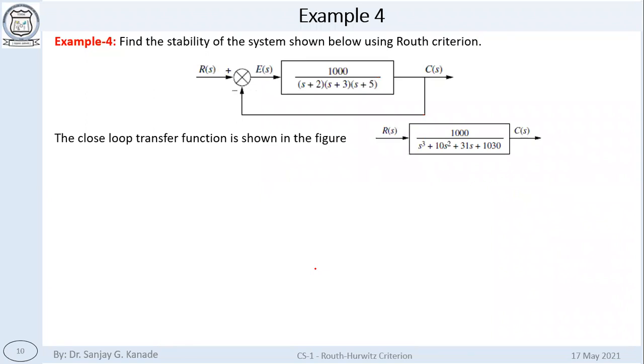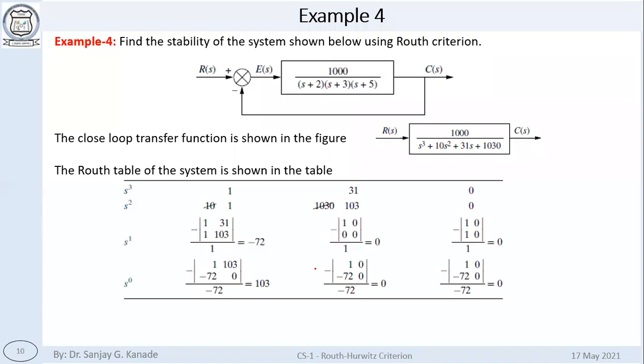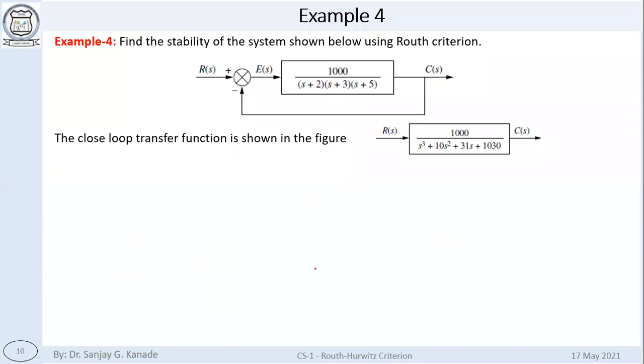So I'll just give you this example and you do it on your own later, after the lecture ends. Remember, this is also one way of expressing the system. Here g of s is given, h of s is given as 1. So we have to first find the closed loop transfer function.